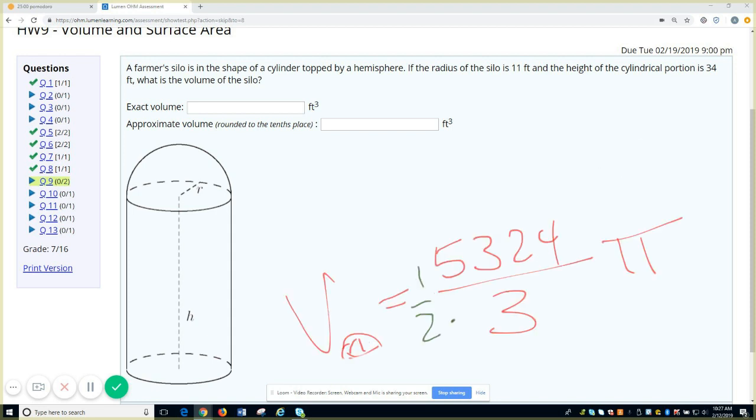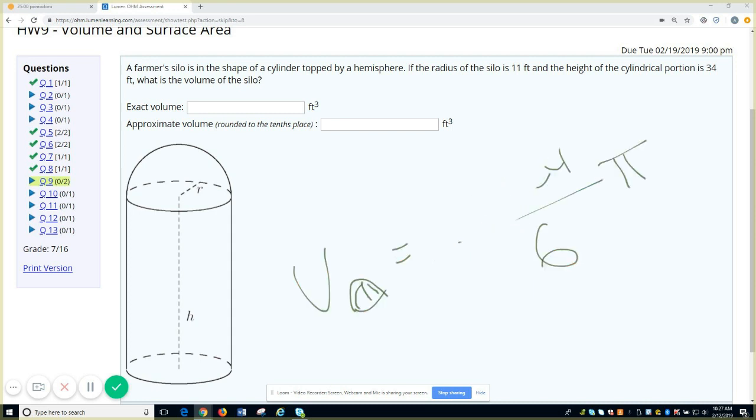Now, before we multiply through, because I see that this number ends in 4, the 2 will probably cancel. So 5,324 divided by 2 is 2,662. Let me erase this.